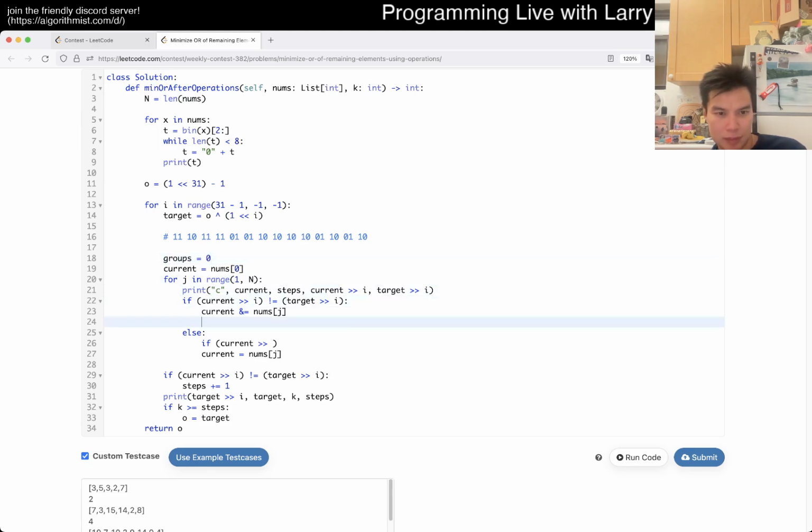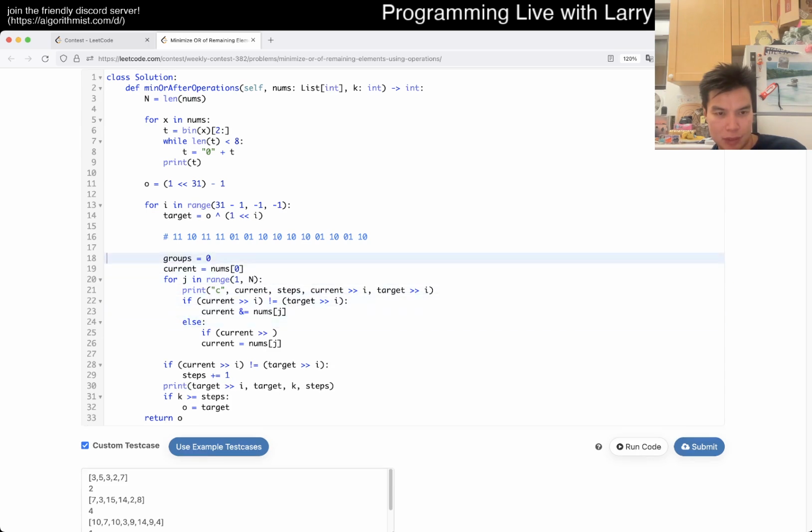Because then now there's one group, and if it's 0, then you have another group. How many groups can you have? It's like n minus groups or something.